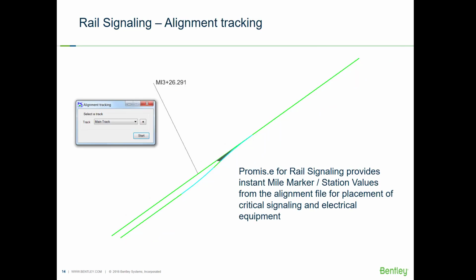Since we are using the track alignment from Bentley Rail Track, we will have access to the station values, which means that any object we place down will get the station value from the track alignment.